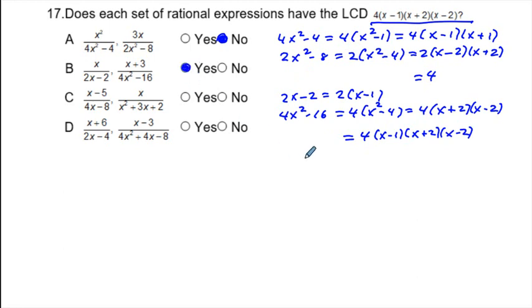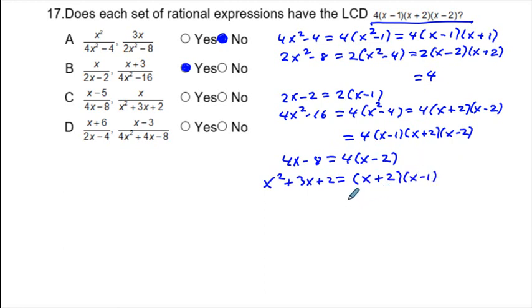Okay, now for C, we have 4x minus 8 is equal to 4 times quantity x minus 2. And then we have x squared plus 3x plus 2 is going to be equal to x plus 2, x plus 1.